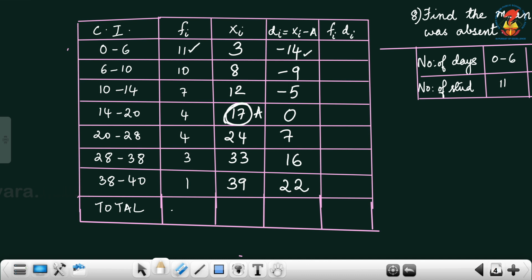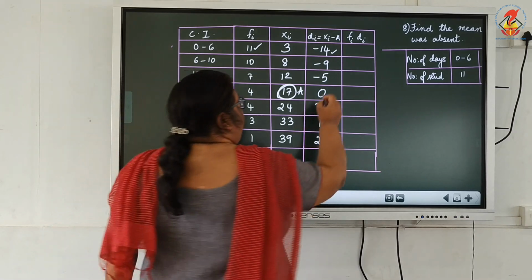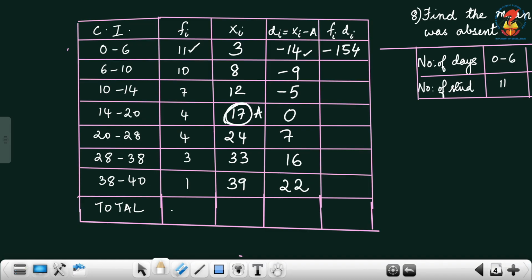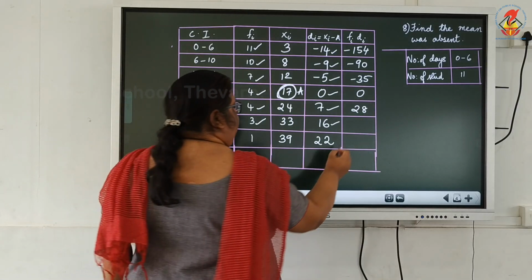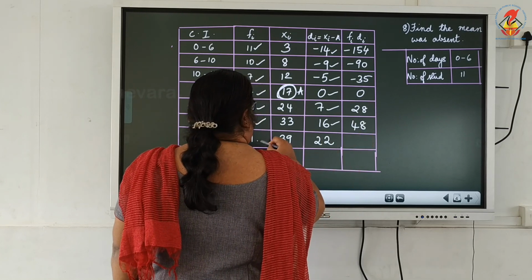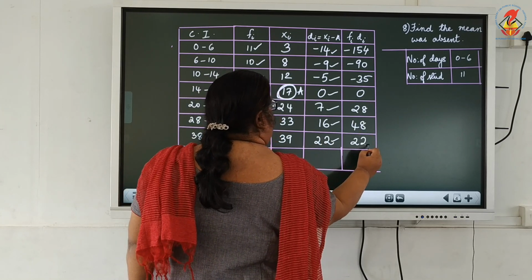Multiply fi and di. 11 into negative 14 will be negative 154. 10 into minus 9, minus 90. 7 into minus 5, minus 35. 4 into 0, 0. 4 sevens are 28. 3 into 16, multiply 3 into 16, you will get the answer as 48. 1 into 22, 22.